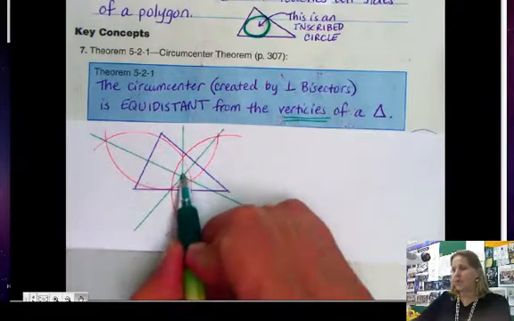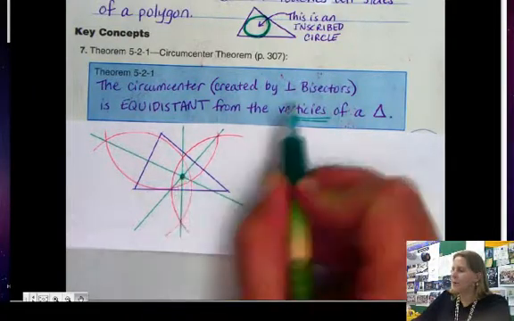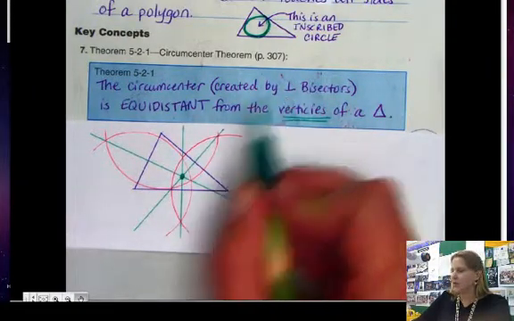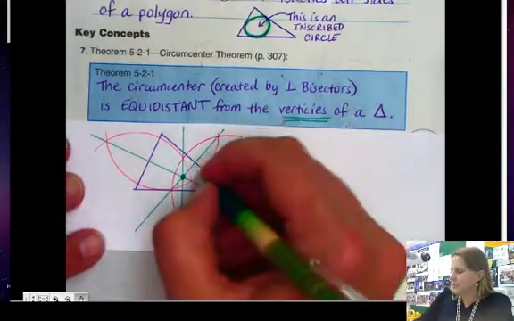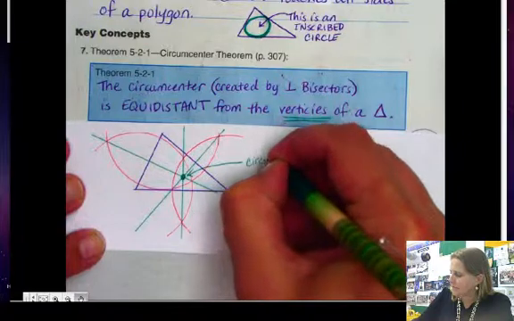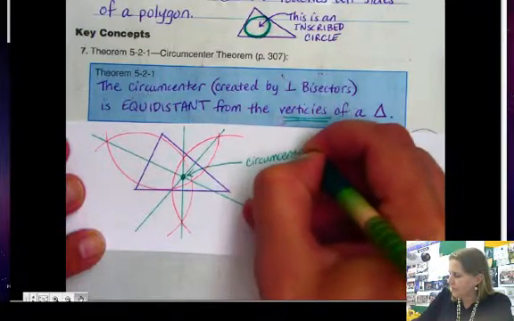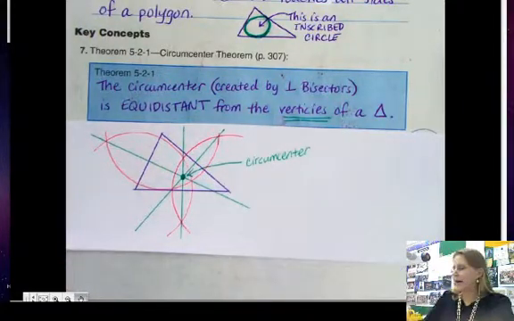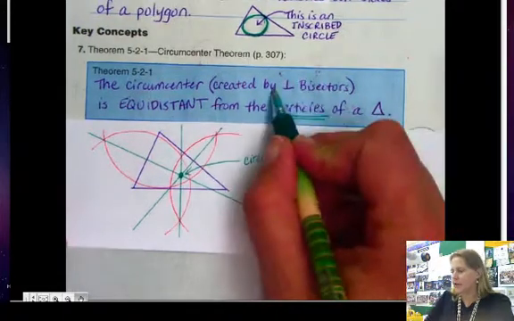This is the point of concurrency of the perpendicular bisectors, and it is called a circumcenter. So the name of this is a circumcenter, and it was created by using the perpendicular bisectors.